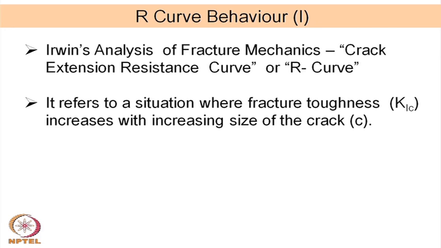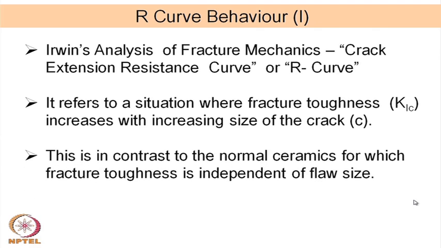By toughening we actually see that the fracture toughness value KIC is increasing with increasing size of the crack. That is the primary characteristic of R-curve behavior so far as the mechanical property of ceramics is concerned. This is in contrast to the normal ceramic material, which is not toughened, either by fiber reinforcement or crack deflection or transformation toughening.